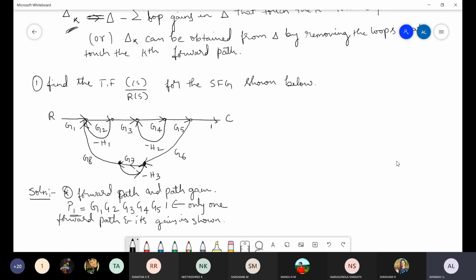So P1 is the only forward path in this particular numerical. Yesterday, in one example we had taken, there we had two forward paths. Is that clear? Yes, sir.